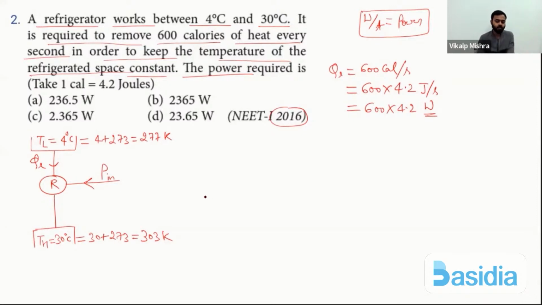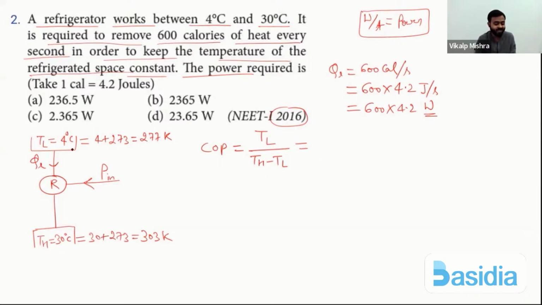Now we are going to solve it. So what was the COP formula? Remember the COP formula in temperature terms. It was TL divided by TH minus TL. So what is TL here? 4 degrees Celsius.